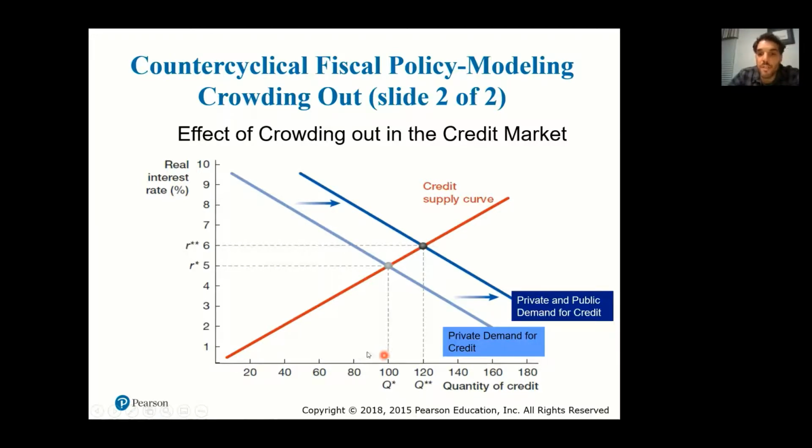That decrease in private credit demanded, as given by this light blue demand curve, that $20 billion of credit that's crowded out, is going to amount in a loss of investment by private households and firms, which is going to result in lower amounts of capital that can be used for productive purposes.